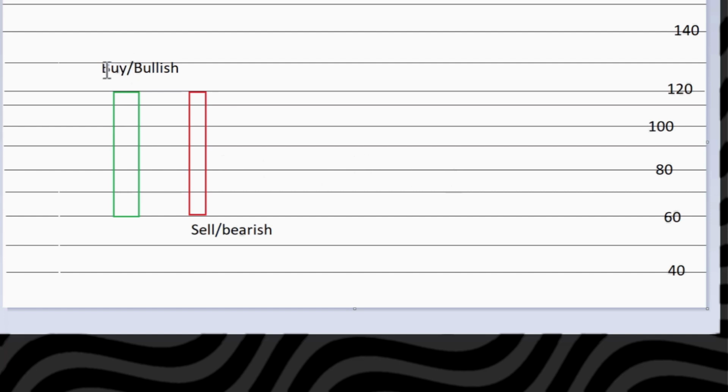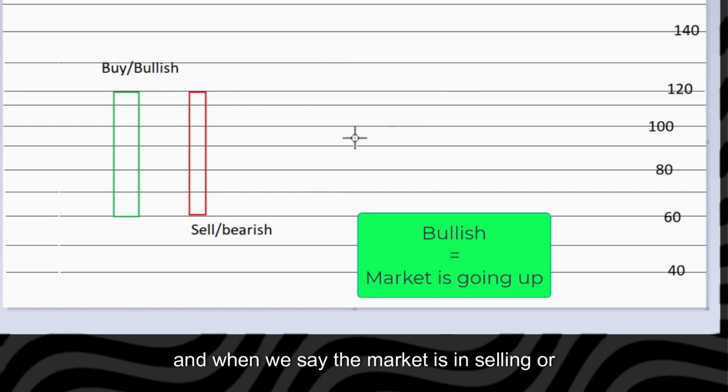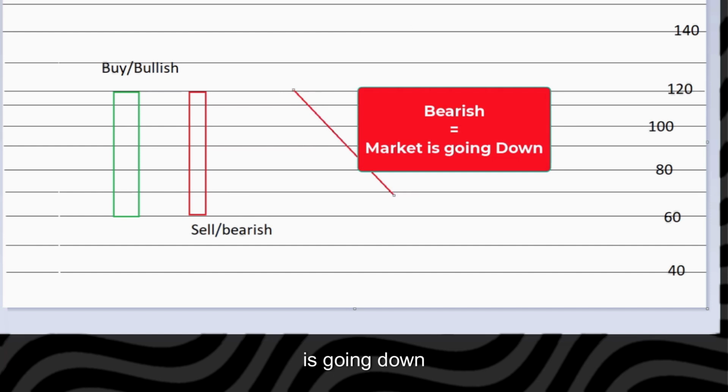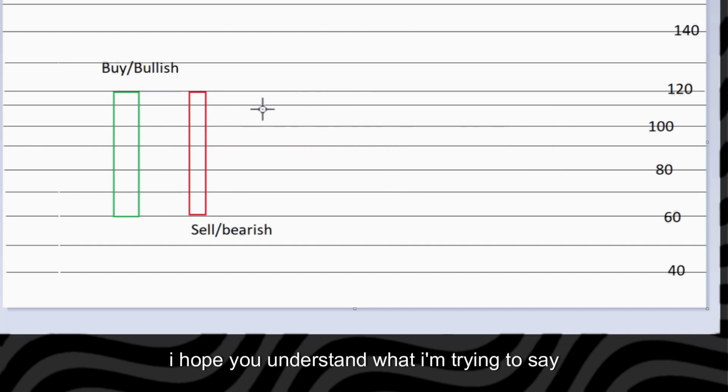When we say a candlestick is bullish or a market is bullish, it means the market is going upwards. And when we say the market is bearish, we mean the market is going down. I hope you understand what I'm trying to say.